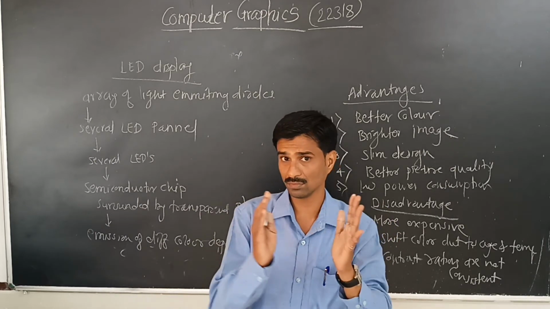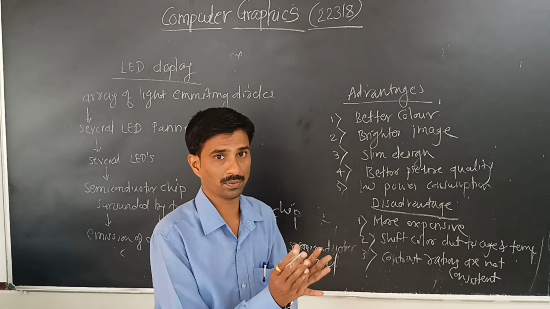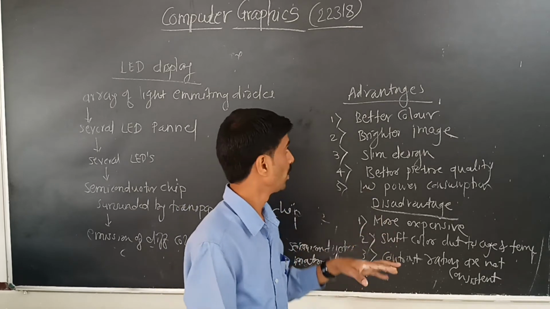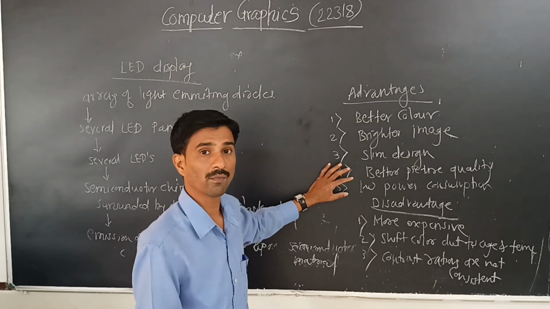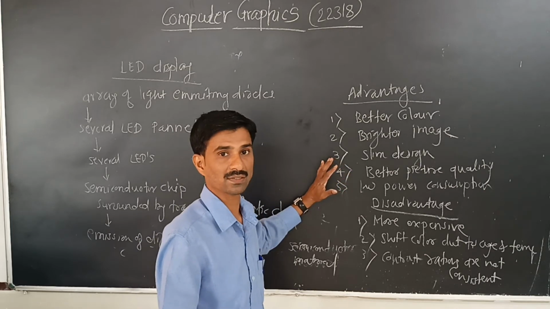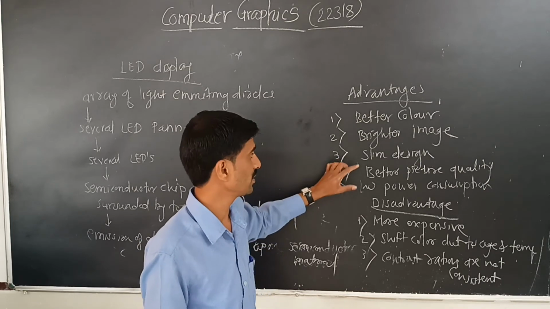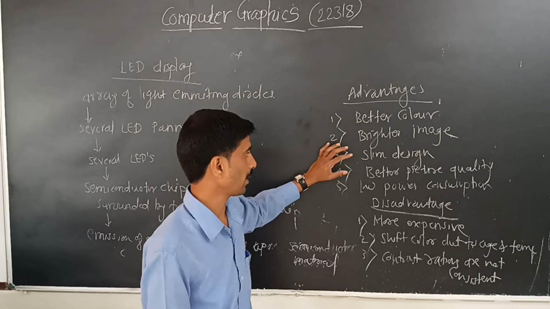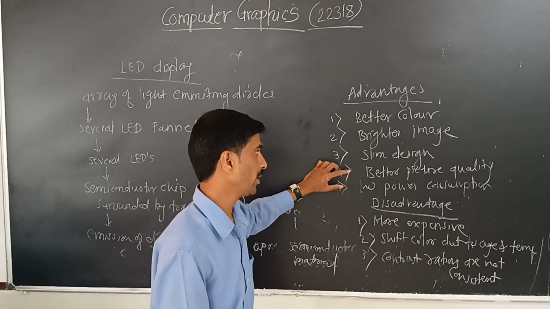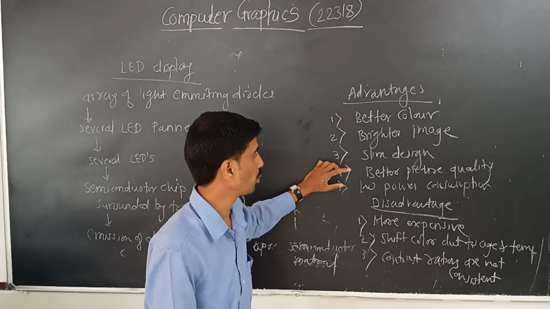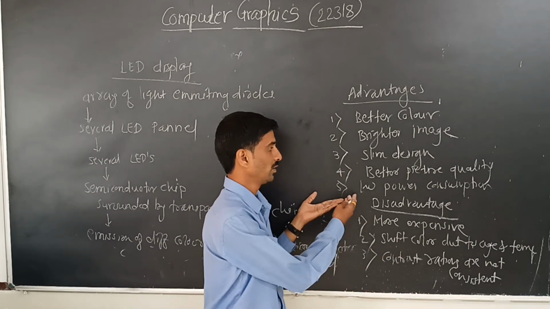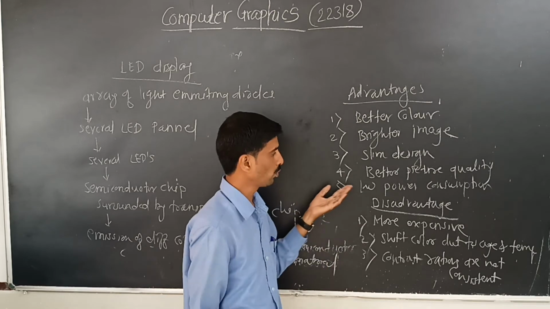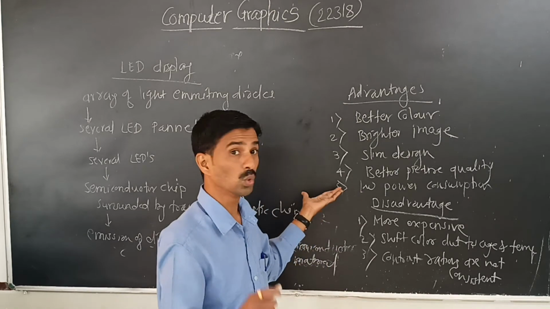They require a small shape, so that is slim design. It will not require large space like CRT. Then quality of picture is better compared to other display devices. We have also seen that it is a type of flat panel display, so again it consumes low power.